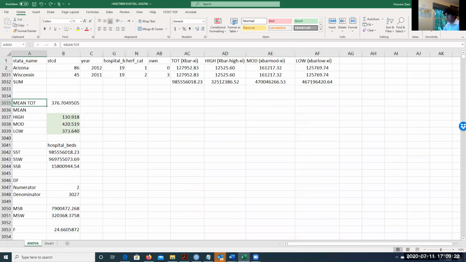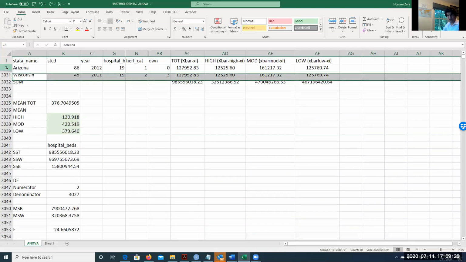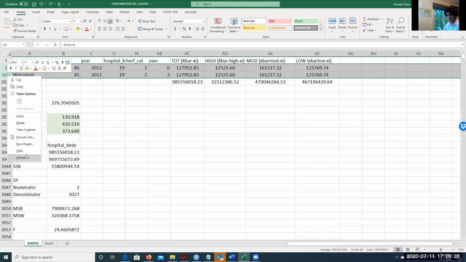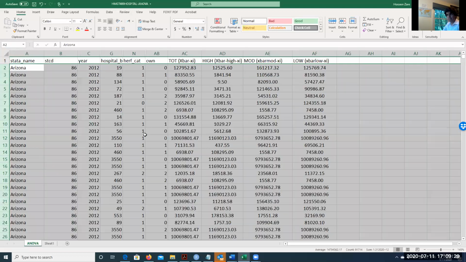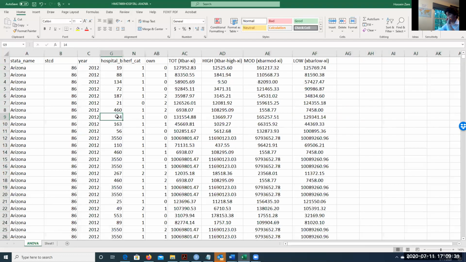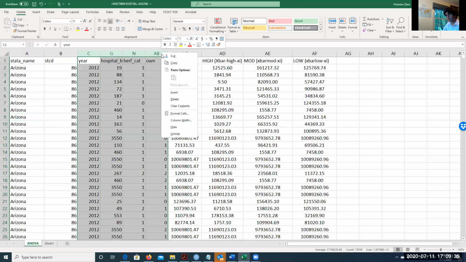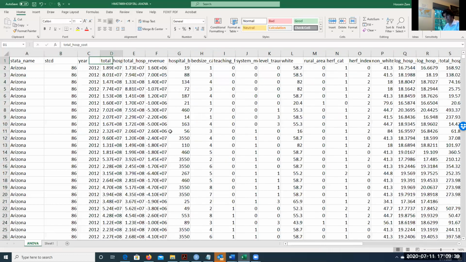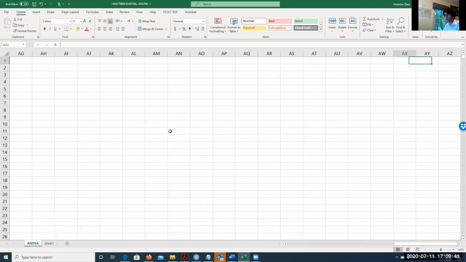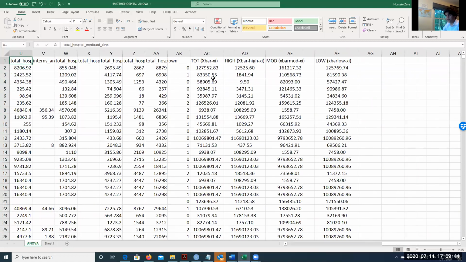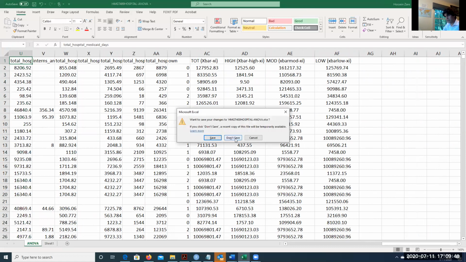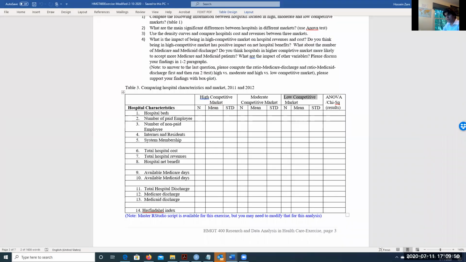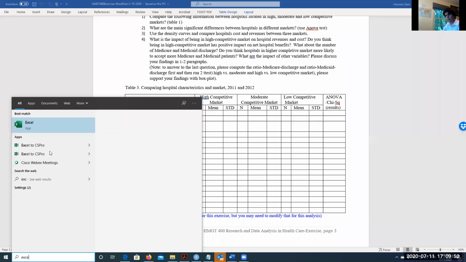Let me close this. This is the data set you already have, though I hid everything. I'm going to show you only one example for the hospital beds. Let me close this because I accidentally dropped the formula.